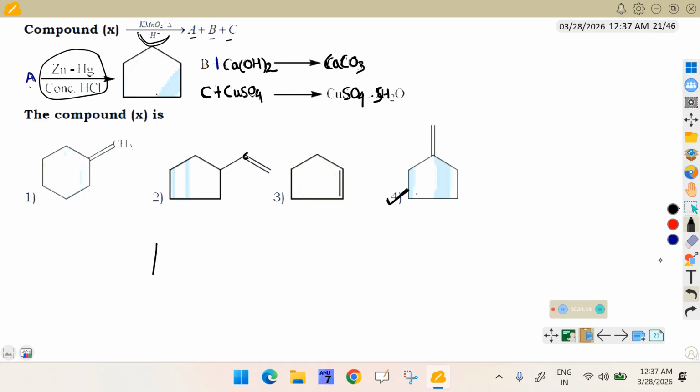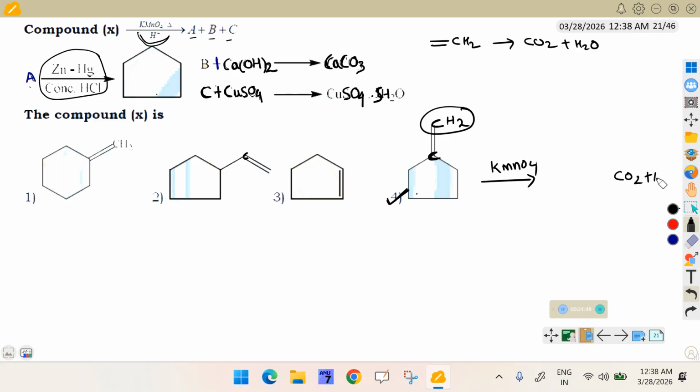How is the fourth one correct? Take the fourth compound. A C double bond CH2 group is present. Reaction with KMnO4. If a double bond CH2 group reacts with KMnO4, then CO2 plus H2O is liberated. So the double bond CH2 group liberates CO2 plus H2O. Now here, 1, 2, 3, 4.